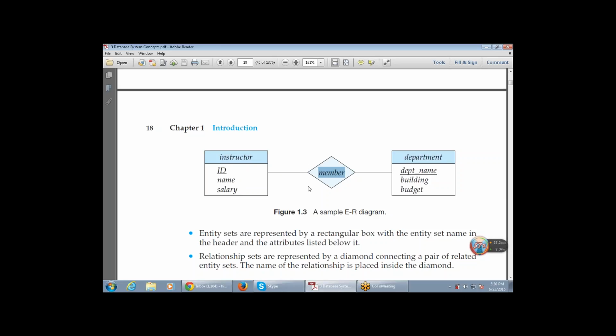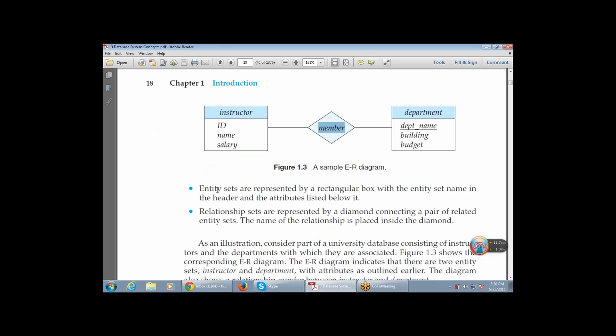There is one department, for example computer science, and the instructor, for example Sham. Sham is an instructor who works in the computer science department. Entity sets are represented by a rectangular box, with the entity set name in a header and the attributes listed below it.